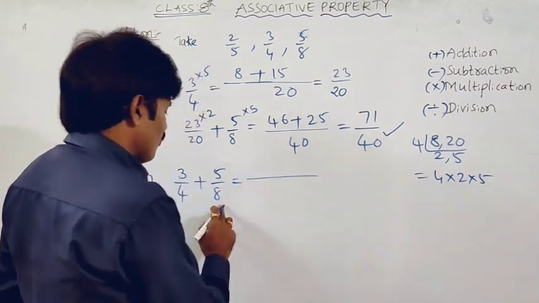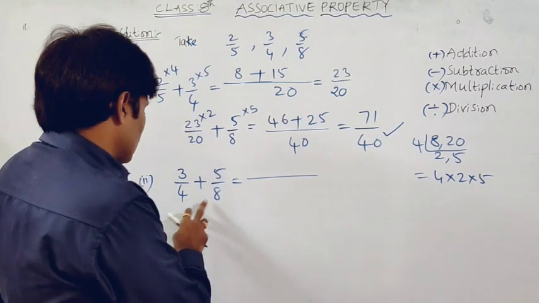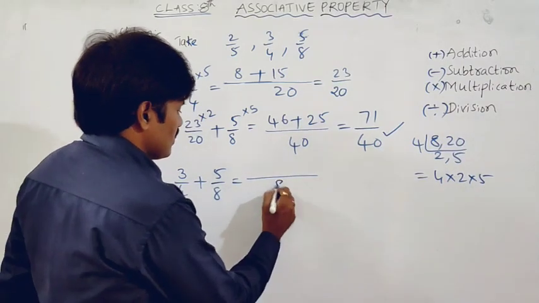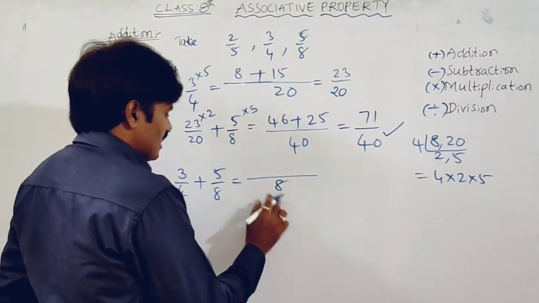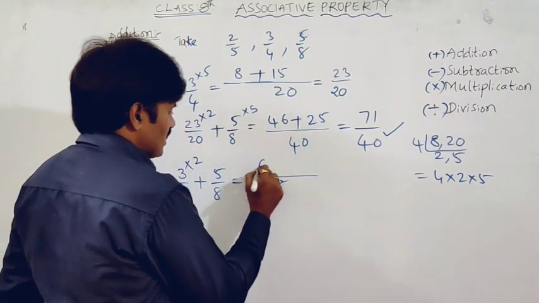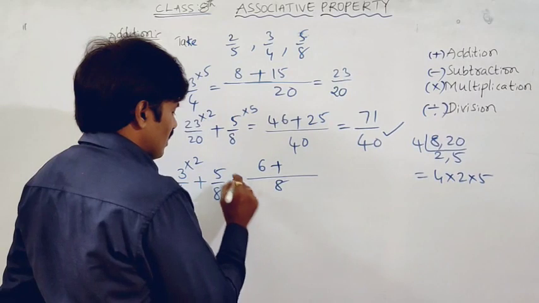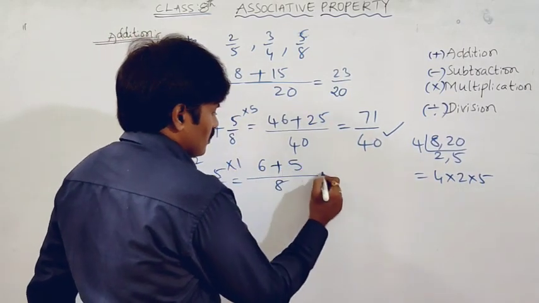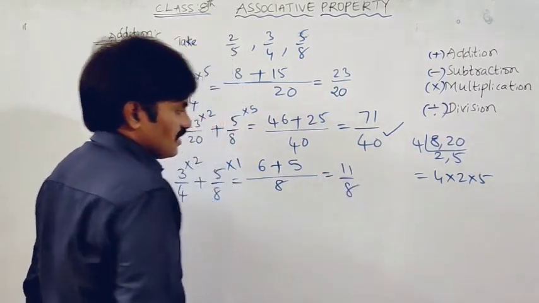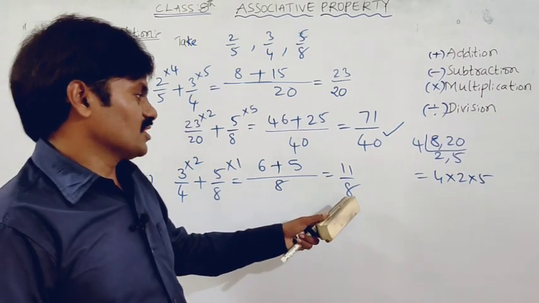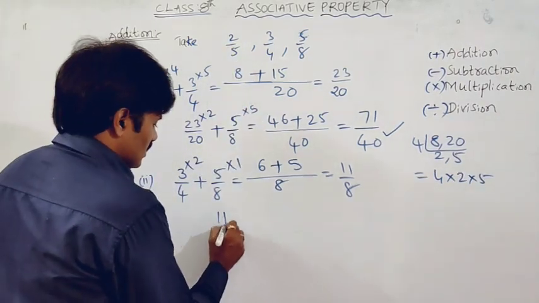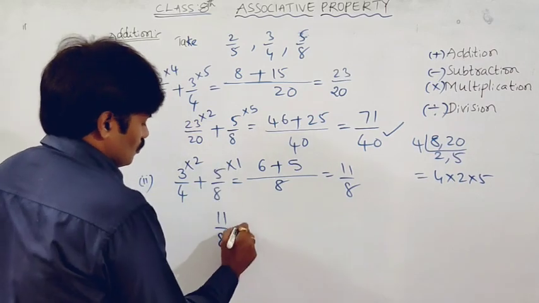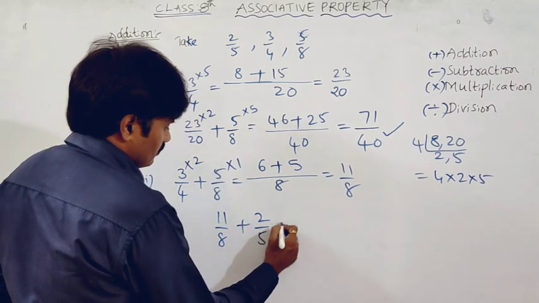Now what is the LCM of 4 and 8? Here 8 is a multiple of 4, so the LCM is 8 itself. So 4 divides 8 two times, so 3 twos are 6, plus 8 divides 8 one time, so 5 ones are 5. So the answer is 11/8. Now I add this result to the first number, 11/8 plus 2/5.